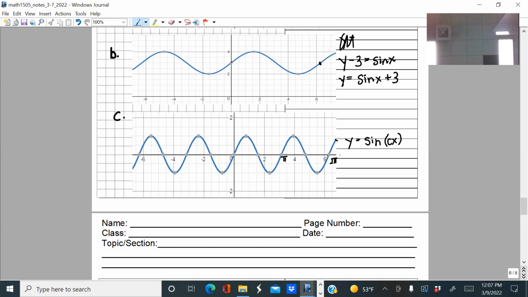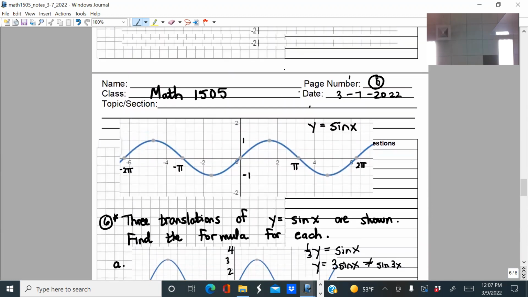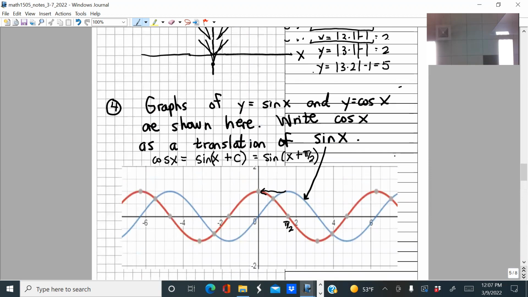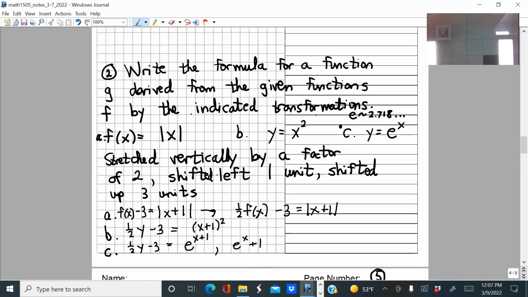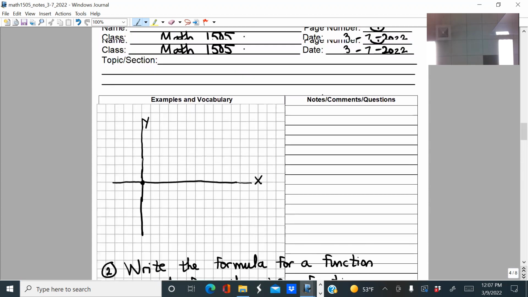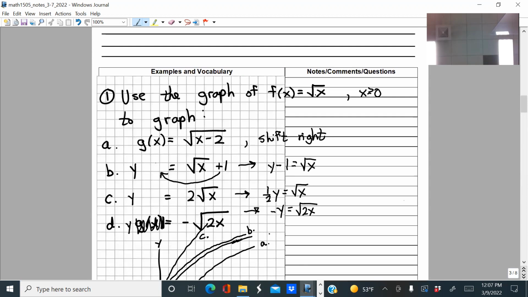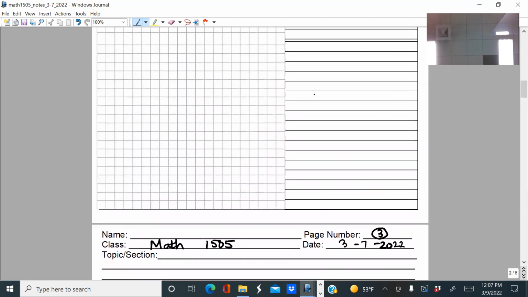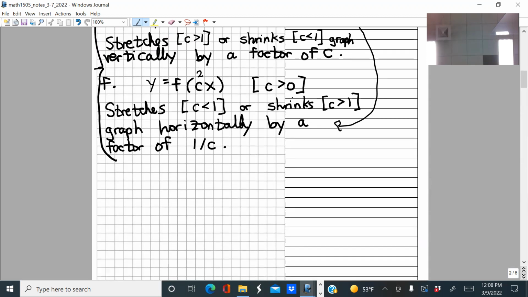So what should the C be? Let's check ourselves here. Let's scroll back up in the notes and see if we can decide. All right, so there it is. Did we decide we were shrinking?